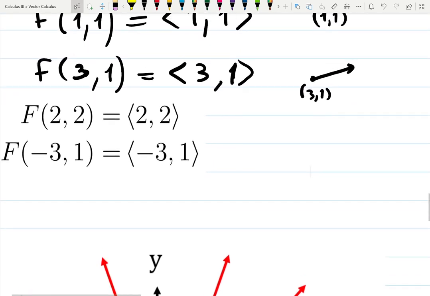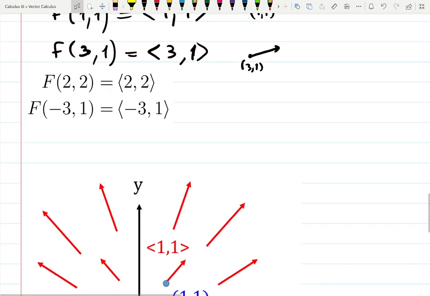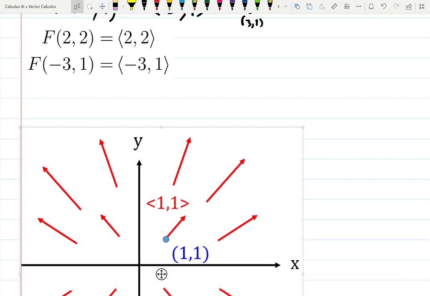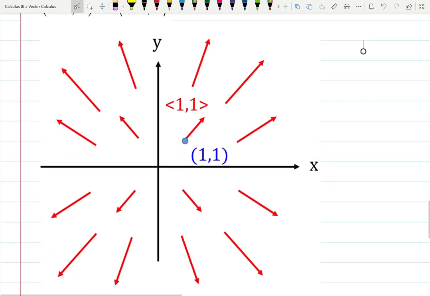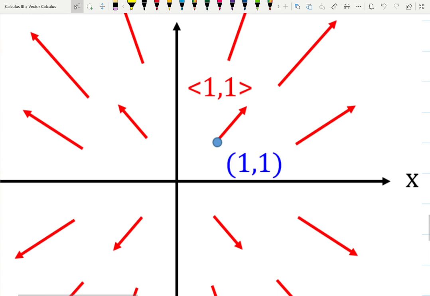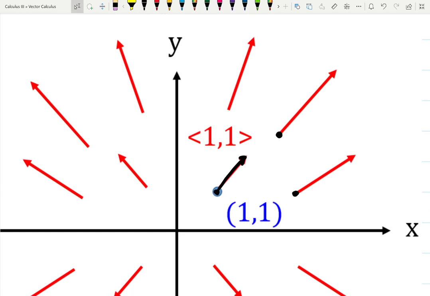How to draw all of this? It's basically a perfect match of the point to its location and direction. Again, you find the point 1, 1 and its tail, and now you start a vector 1, 1. You find the point 3, 1. You find the point 2, 2. And whatever the point is, that's going to be the length of the vector. So if it's 2, 2, then this side is 2 and this side is 2, which gives you an interesting understanding.